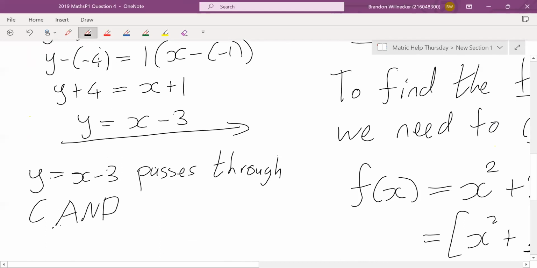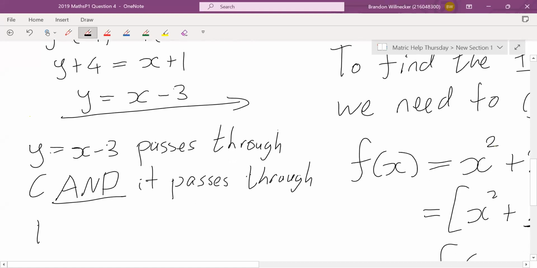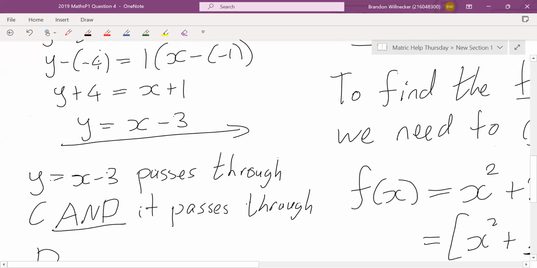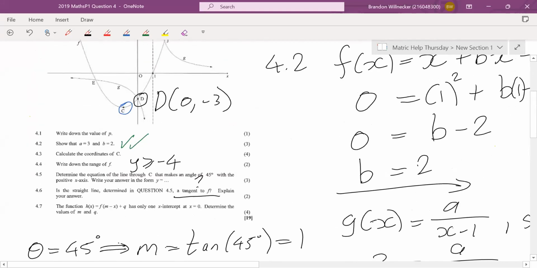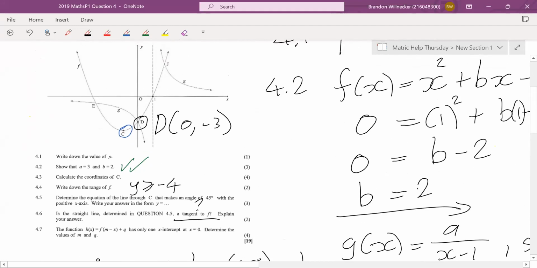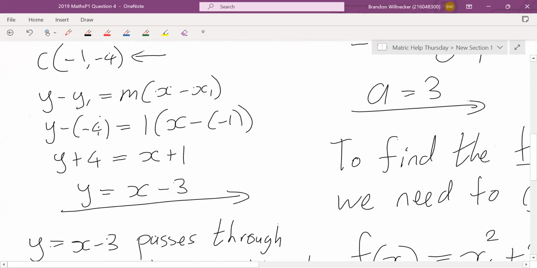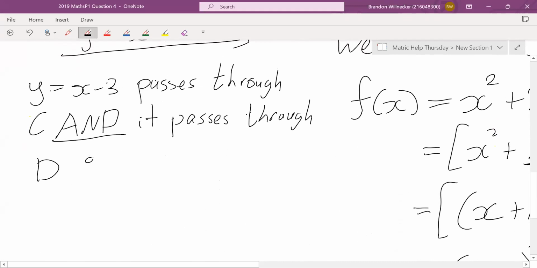And this is the important part, it passes through D. Why? Because take a look at this equation, y equals x minus 3. The y-intercept is at minus 3. Let's look at point D. D is 0, minus 3. So it passes through both of those points, and both of those points are on the parabola. So it is not tangent.